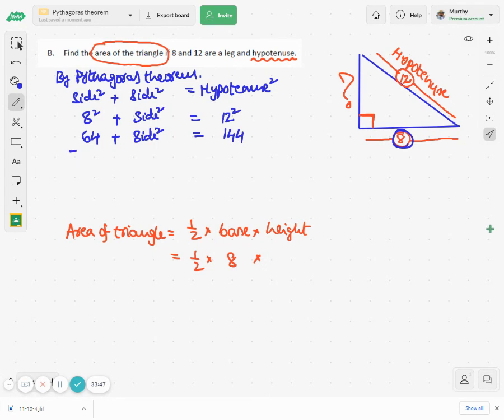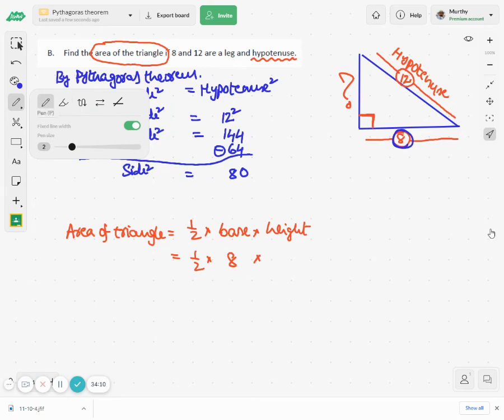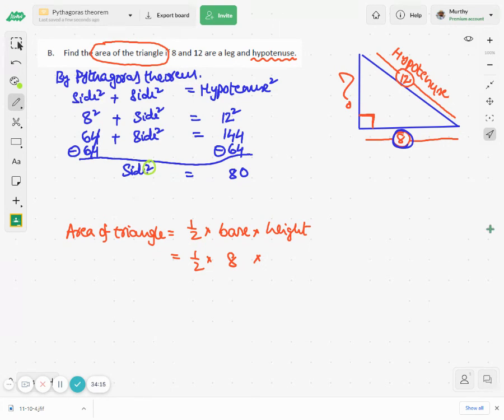Simple math, simple algebra, go for inverse operation to identify the value of the variable. So take your 64, it gets cancelled. Side square equals, it is 4 minus 4, 0, 14 minus 6, that gives me 80. Earlier also I told that if you want to eliminate this square symbol, the inverse operation of square is square root.